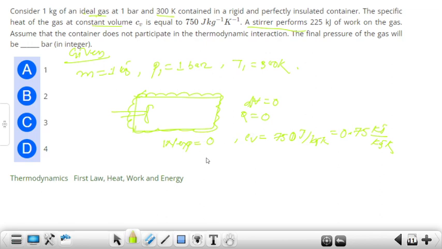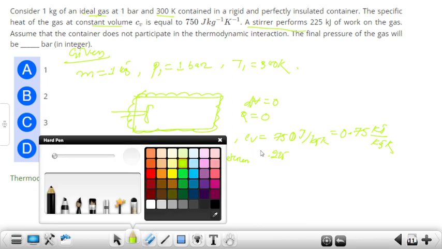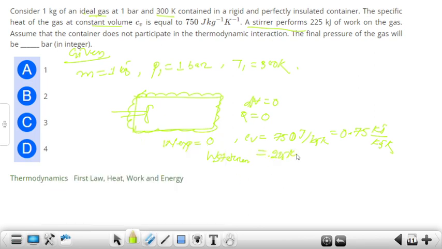So the work done on the system by the stirrer is 225 kilojoule, which is negative work, and we have to find the final pressure P2.